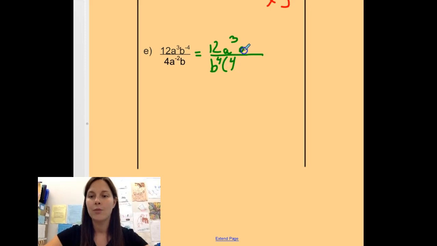A to the negative 2 does, so I'm flipping that to the numerator and giving it a positive exponent. And then that b in the denominator does not have a negative exponent. Simplifying, I have 12 divided by 4, which is 3. A cubed times a squared is a to the 5th. Add those powers together. And b to the 4th times b is b to the 5th, adding those powers together again.